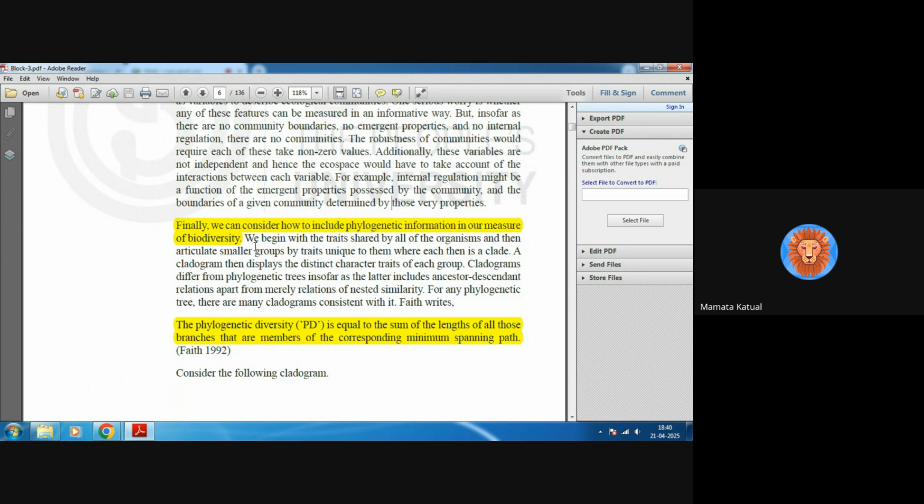So we have to study the number of species, that means the species richness, then how many members are present, that is species evenness, and also the evolutionary relationship between these organisms and the evolutionary history of that particular species.